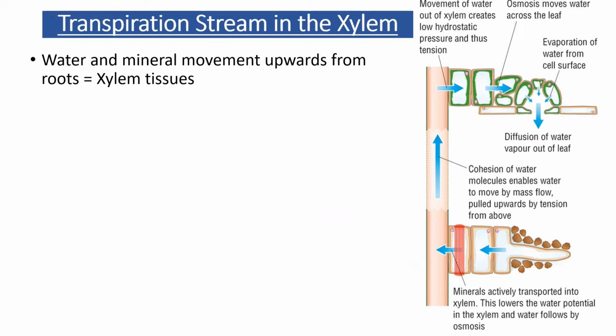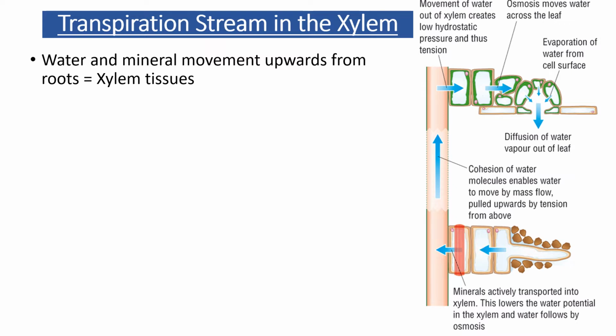We need to understand this and make sure you can actually explain it. So the transpiration stream happens in the xylem. Water will move into the root hair cells via osmosis. It then moves due to differences in water potential from the root hair cells into the root and into the xylem.